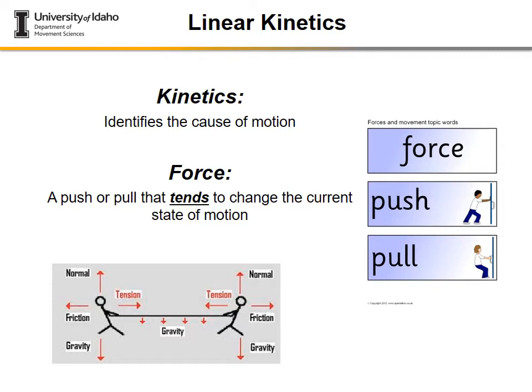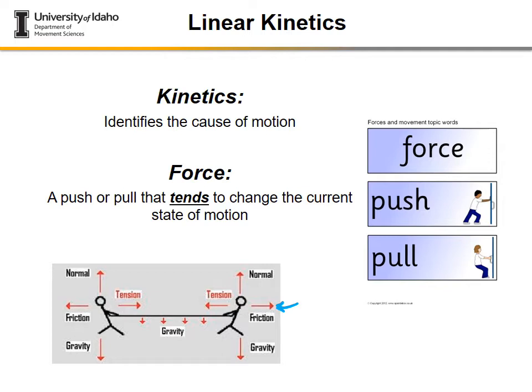These are some images that I've taken from different sources that identify the play and interaction of a force. Down here, with these tug-of-wars, you see a few forces acting. You'll understand more about a free body diagram later, but understand that all these red arrows represent some kind of force that's acting on the system, and we'll talk about what systems are and how to identify the system a little bit later.